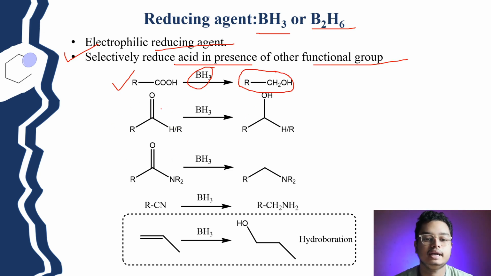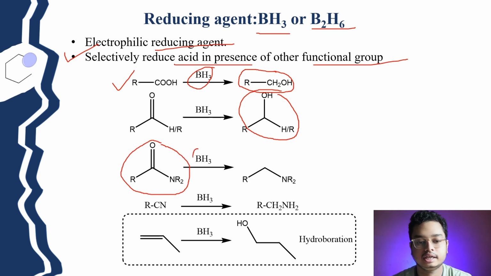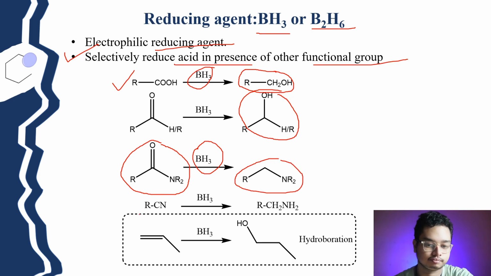Similarly, if you have an aldehyde or ketone, BH3 also reduces them to the corresponding alcohol. And an interesting thing is that amide also gets reduced in presence of BH3 to form this type of primary amine. Cyanide is also reduced, or you can say reductive amination takes place to form this type of product.